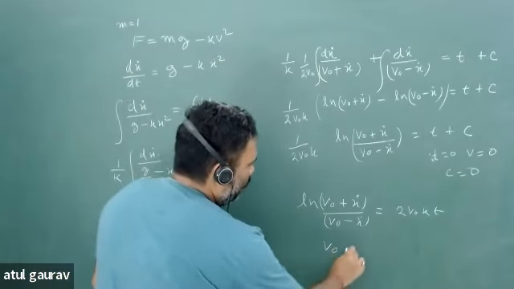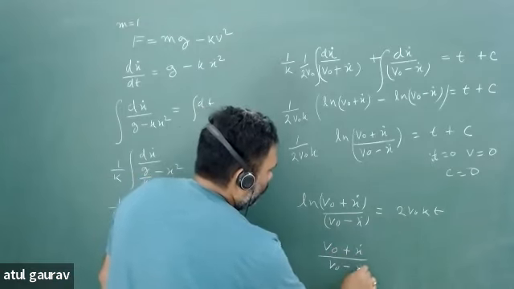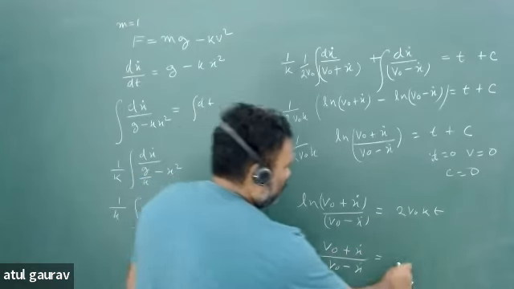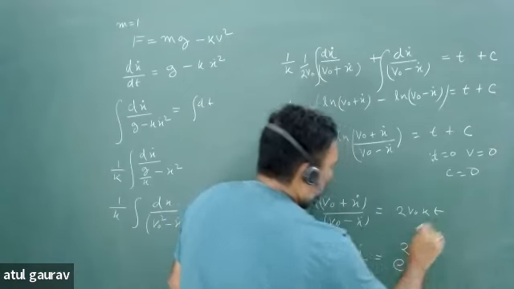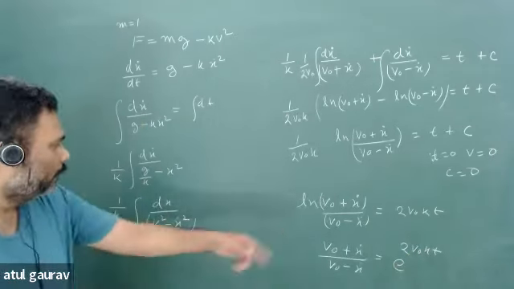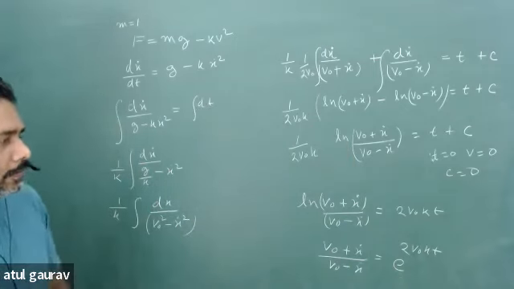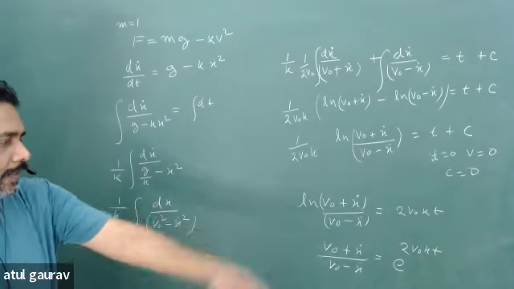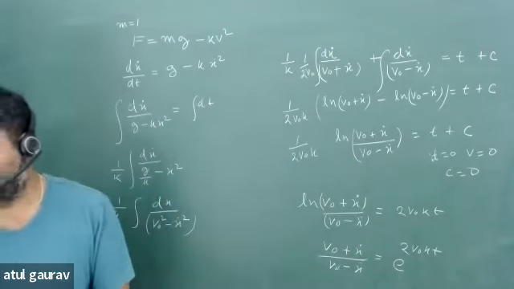So you have v naught plus x dot by v naught minus x dot is nothing but e to the power 2 v naught kt. So we can put the value of v naught, which is root under g upon k. And again we have this sort of information, and we can find the value of x dot.